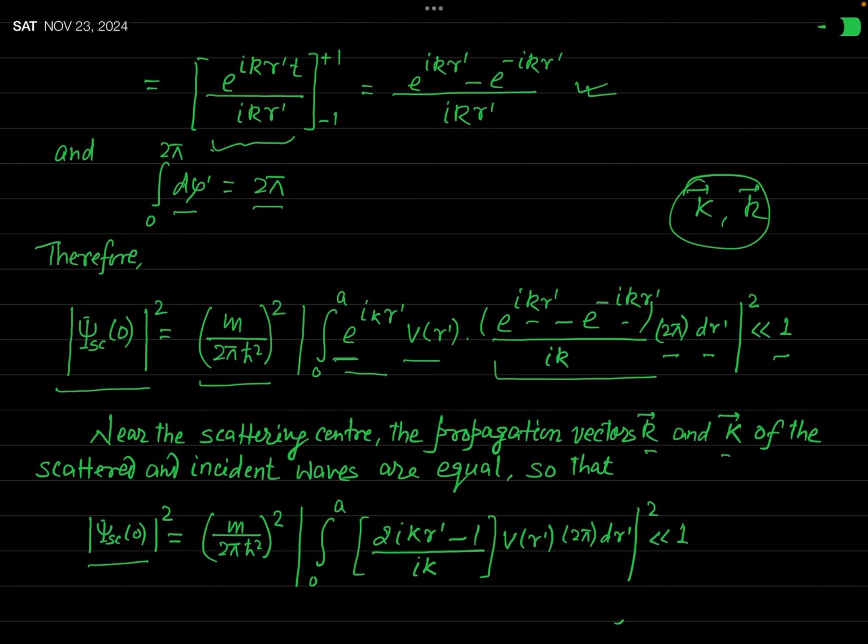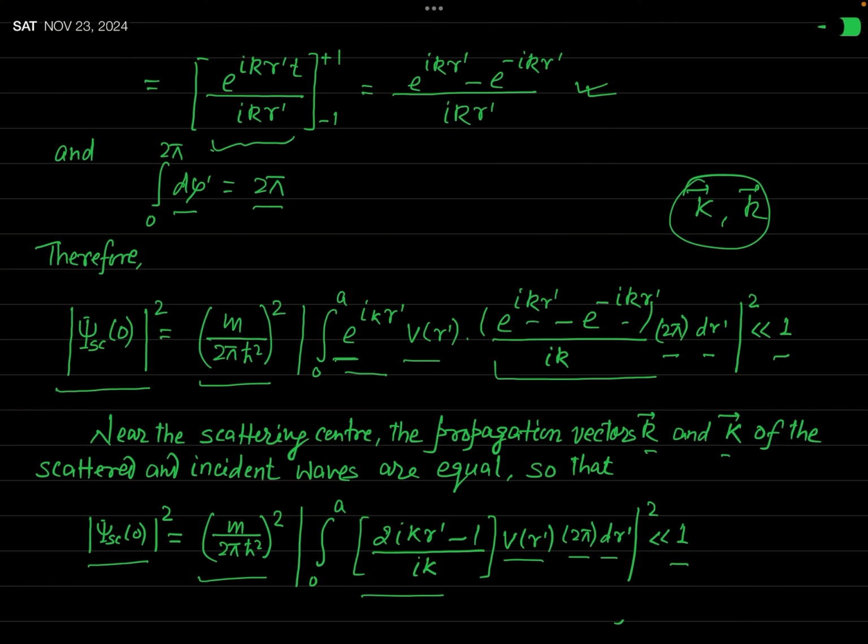The square of the modulus of psi sc 0 equals m over 2 pi h bar square whole square, times the square of the modulus of integral 0 to a of e to the power 2 i k r dash minus 1 over i k times v of r dash times 2 pi dr dash, whole square, and that should be much smaller than 1.